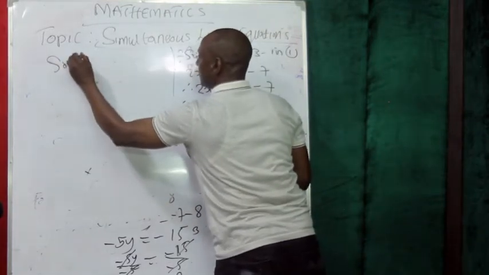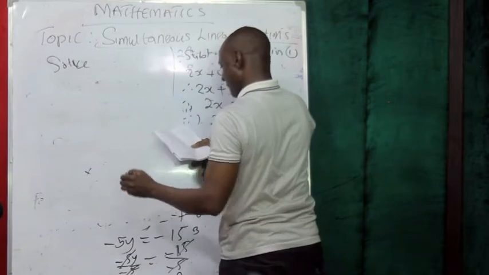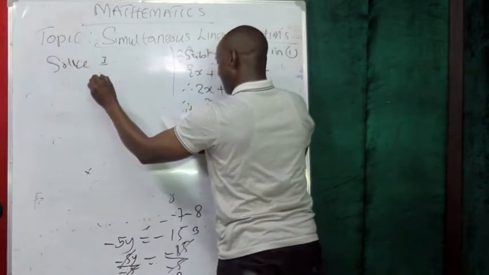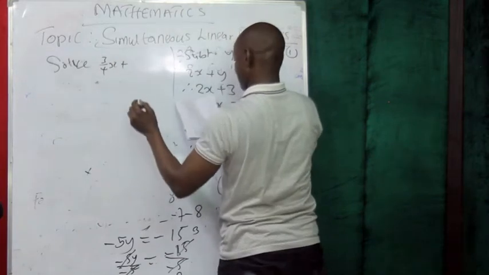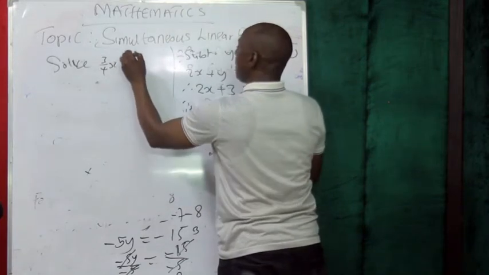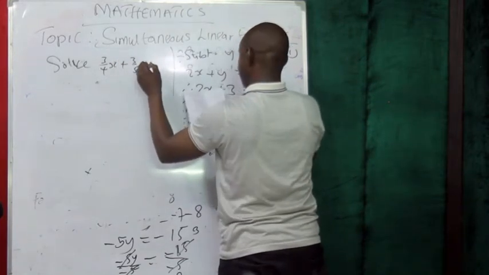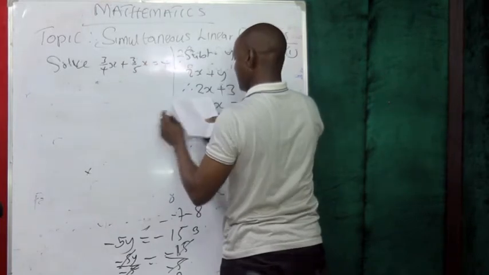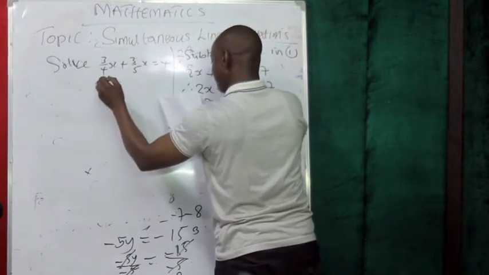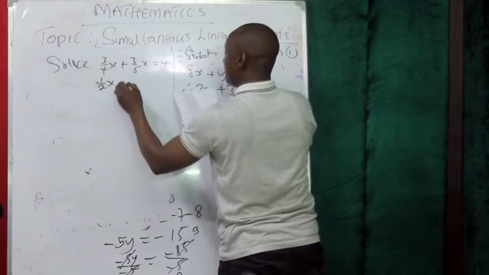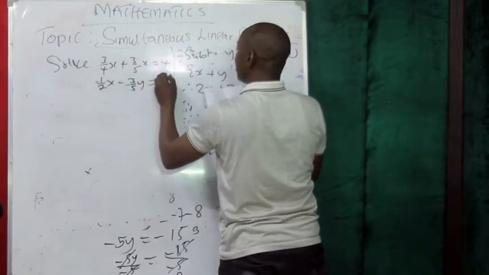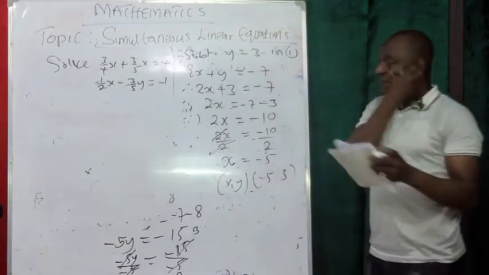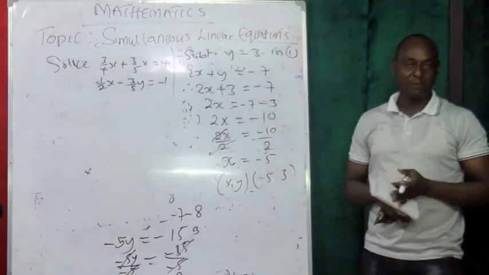Solve 3 upon 4x plus 3 upon 5x equals 4, and half x minus 3 upon 5y equals negative 1.